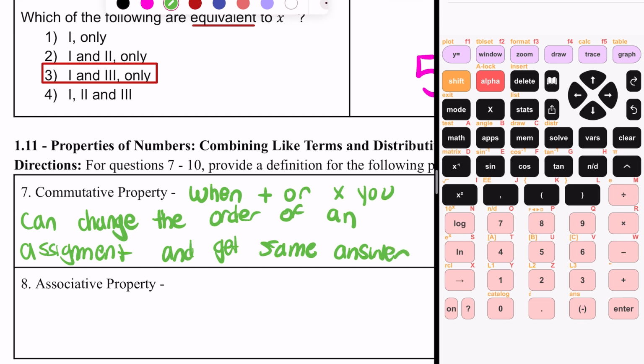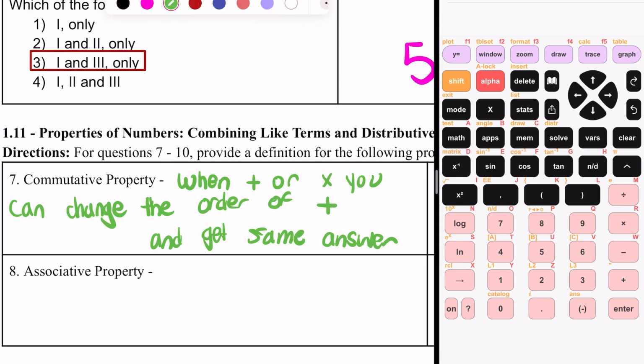So, commutative property says that when you are adding or when you are multiplying, you can change the order of the numbers and get the same answer.